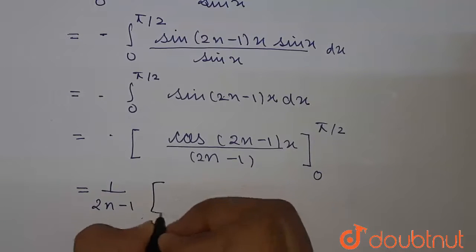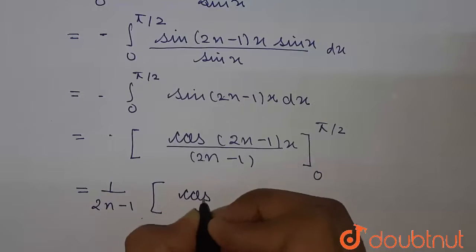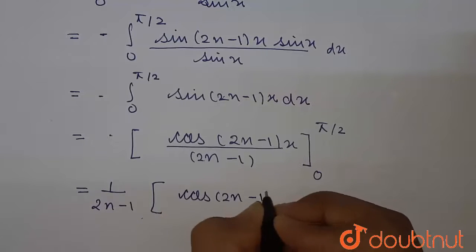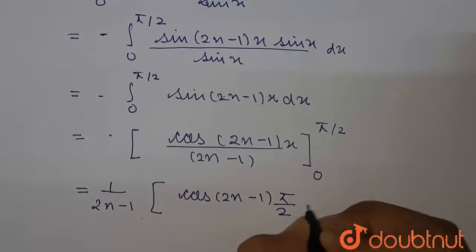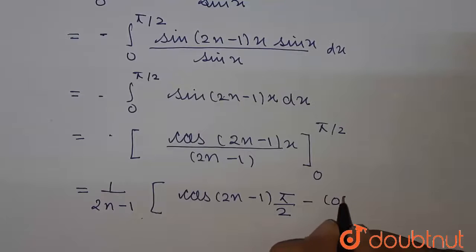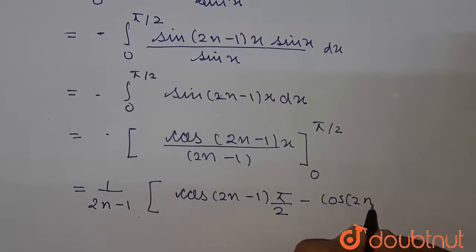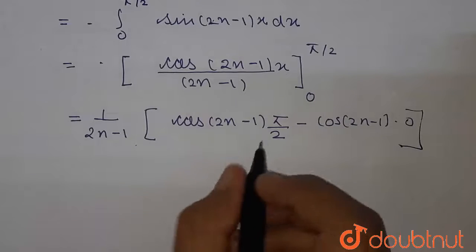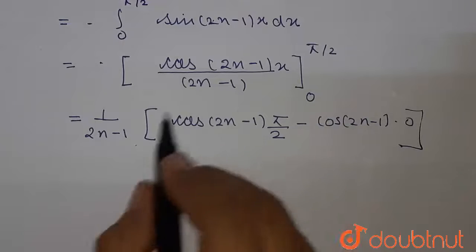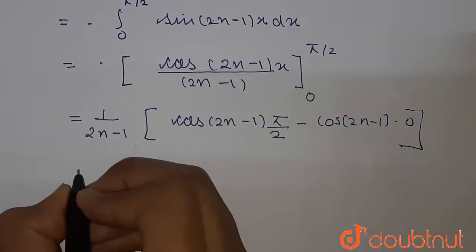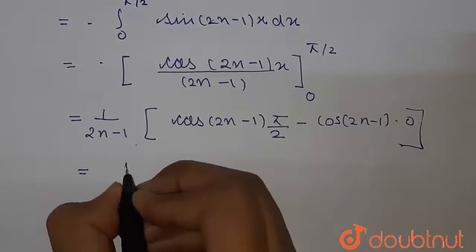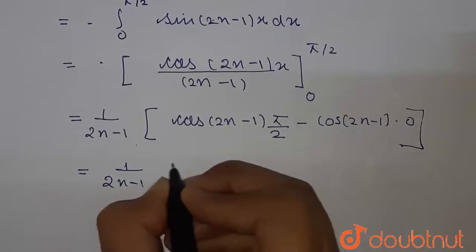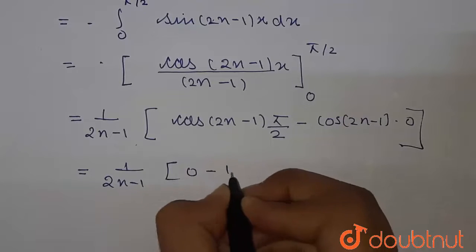So this will become cos of (2n minus 1) pi by 2 minus cos of (2n minus 1) into 0. Okay, so we have done upper limit minus lower limit. See, cos of this thing will give us 0. So we get here 1 upon 2n minus 1 into 0 minus 1.